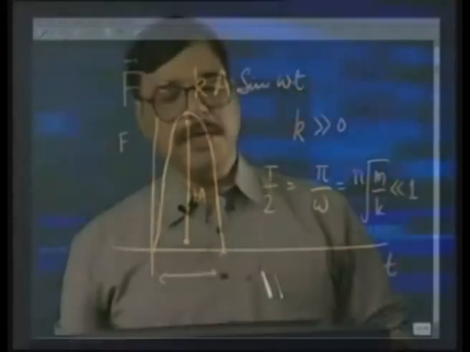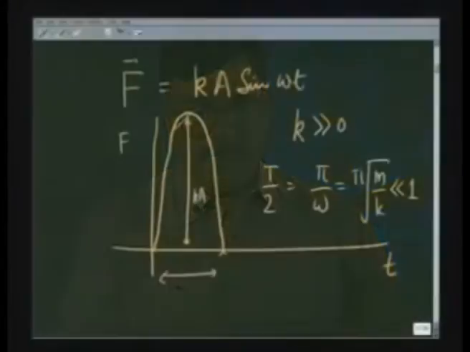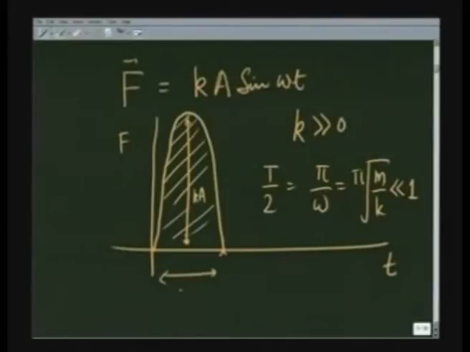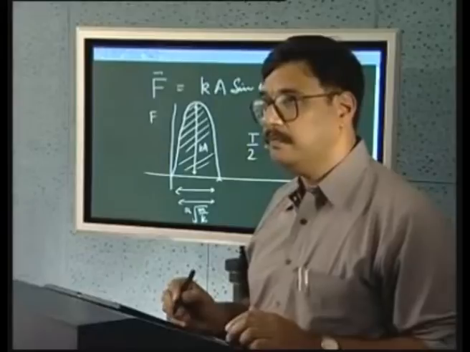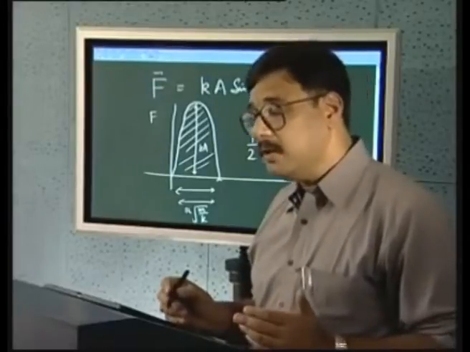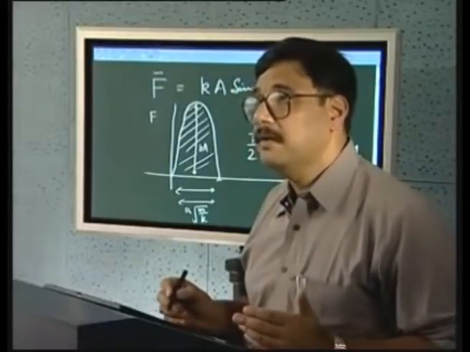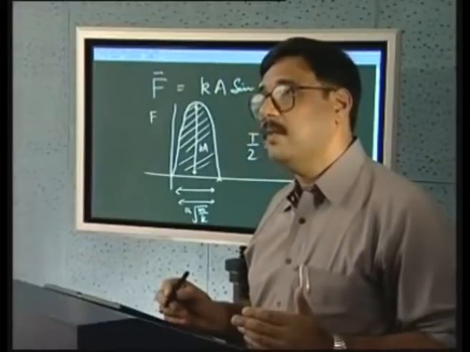So, what you see is that there has been a very large force spread over a very small time, pi square root of m over k. Because k is very large, this time is very small. So, I may not even observe how the force is varying. All I see is the ball hitting the wall and coming back.